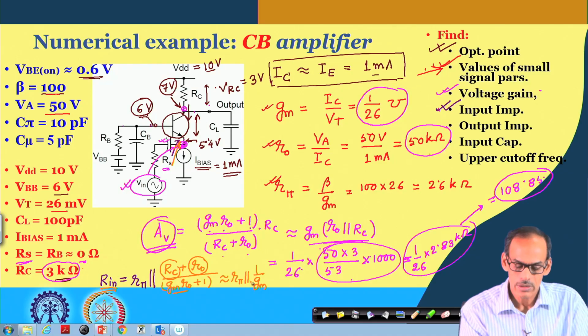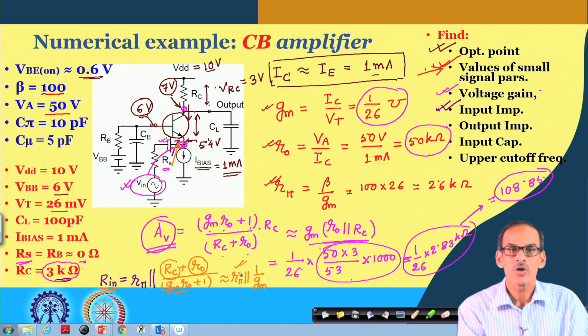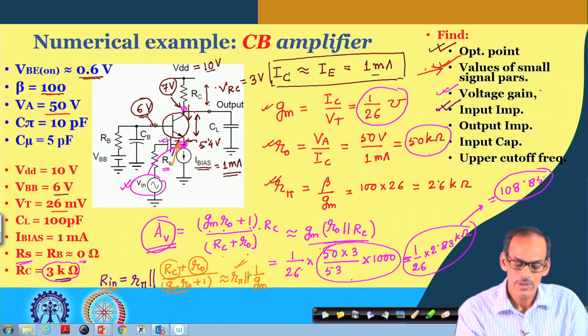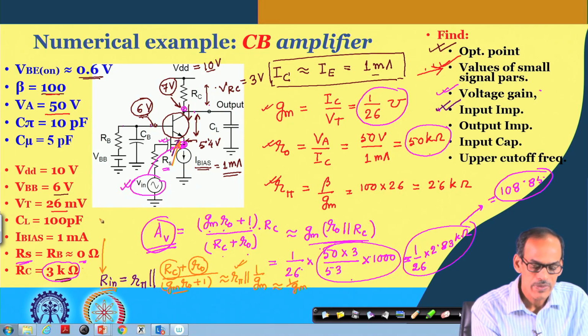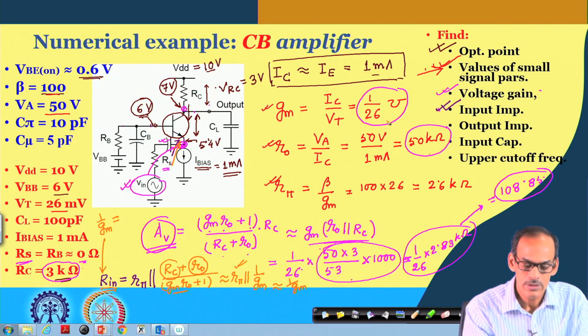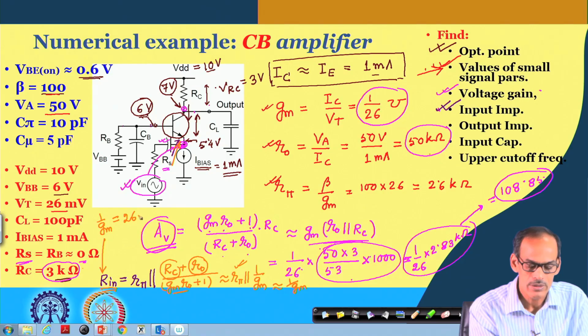And again, if I compare the value of this R pi and 1 by G M, they have a ratio of beta. So, further to that, we can simplify or approximate the input resistance by 1 by G M. The summary is that the input resistance of this circuit is 1 by G M, and that is 26 ohm.